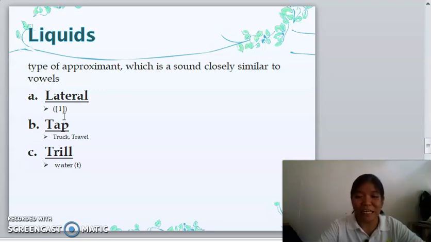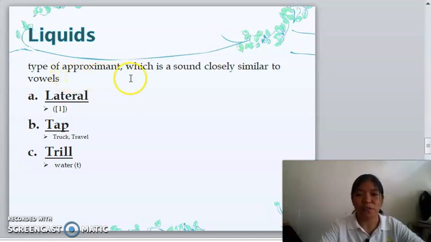But anyway, in the International Phonetic Alphabet, the vowels are not only restricted to A, E, O, U. There is A, there is E. There is short E, there is long E, which we will be tackling later on, after this.